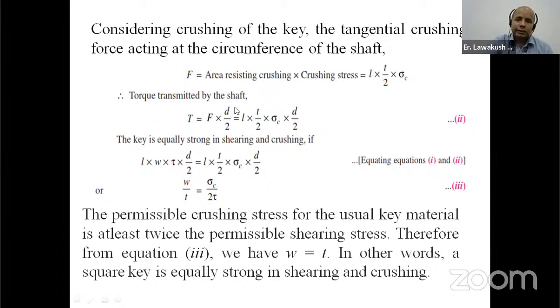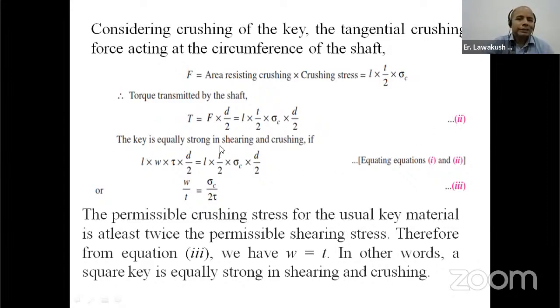Therefore, torque transmitted by the shaft, capital T, equals F into d by 2. Now we put the value of capital F as l into t by 2 into sigma c, and d by 2 is multiplied with it. Then finally we get T equals l into t by 2 into sigma c into d by 2. This is equation number 2.